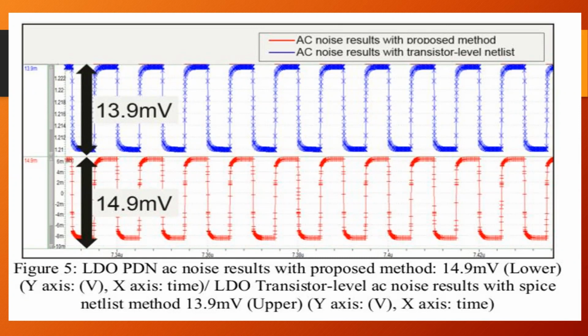LDO transistor level AC noise result with SPICE netlist method 13.9 mV. Upper y-axis contains V and x-axis contains time. Blue line indicates AC noise result with transistor level netlist. Red line shows AC noise results with proposed method.